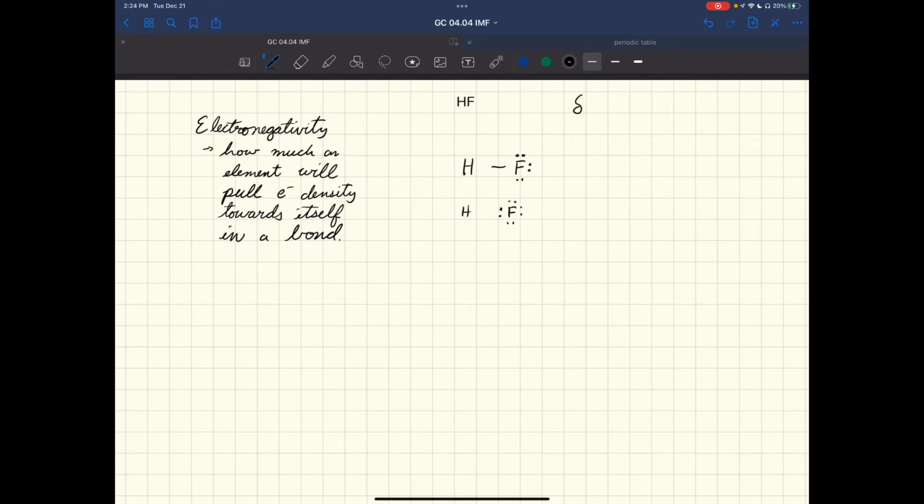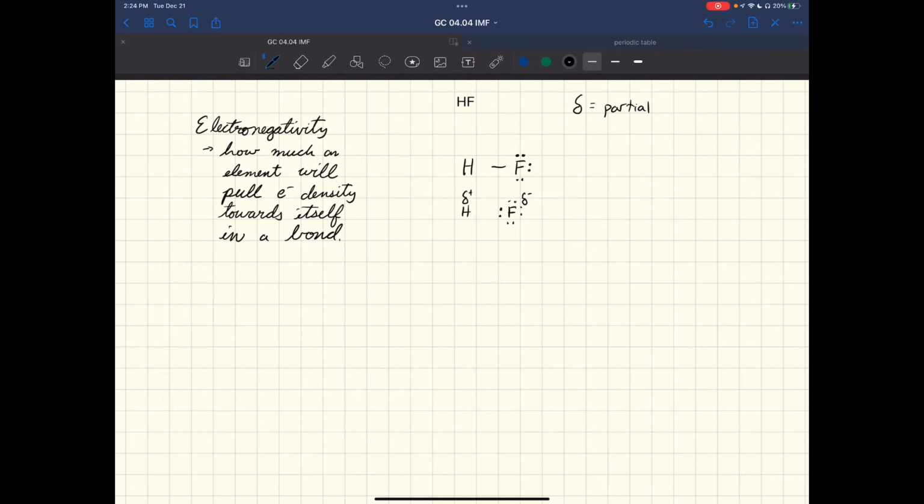One is with this lowercase Greek letter delta, and this means partial in this context. So I could say that this one has a partial negative charge, and if I look at the other side, this hydrogen atom that has basically lost an electron is now just basically a proton sitting there, which means that it should have a partial positive charge. So one end of my molecule has a partial positive, and the other end has a partial negative.